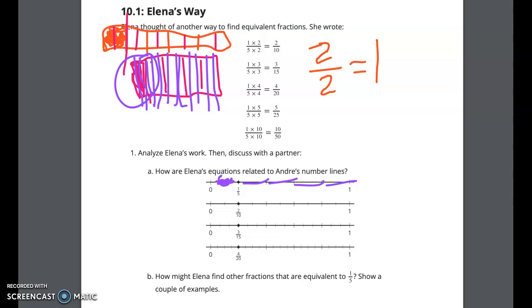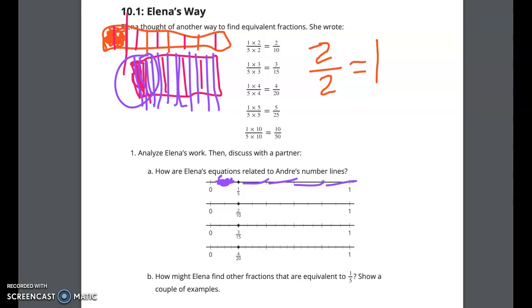If we look at this one, it's lined up to the other ones. Numerators are larger on the top: that one's a 1, that's a 2, that's a 3. And the denominators are going by multiples of 5: 5, 10, 15. If we do it Elena's way up here, it's similar. She multiplied by 2, then by 3, then by 4, and she's getting the same answers as Andre.